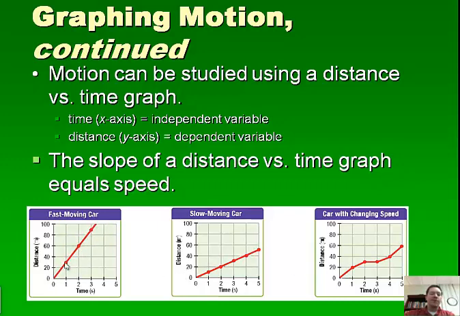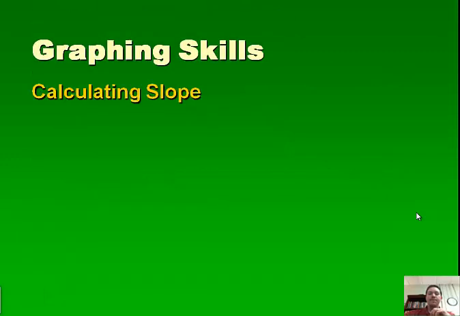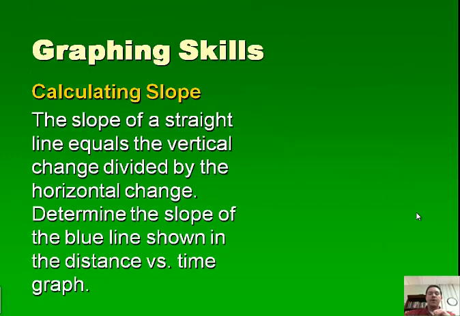This is a faster moving car because the slope of the line is greater than this. We've got a flatter line. This is a slower moving car. And when the line is not straight, we've got variable or changing speed. The slope of a straight line equals the vertical change divided by the horizontal change.